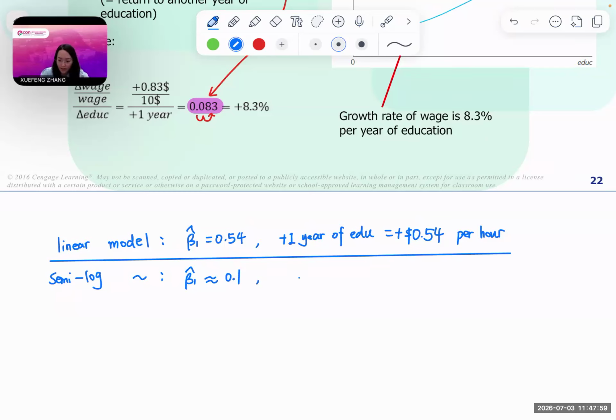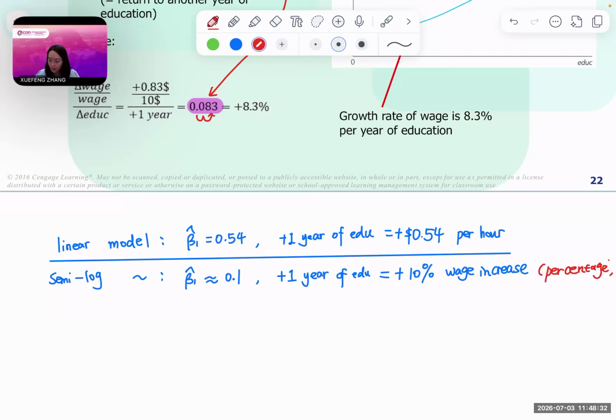And this means that plus 1 year of education, the same, but here you're going to have a 10% wage increase, okay? Here we talk about the percentage. It's not a fixed dollar amount anymore.